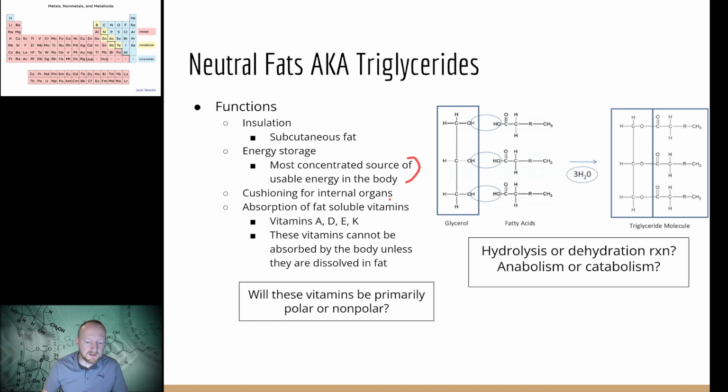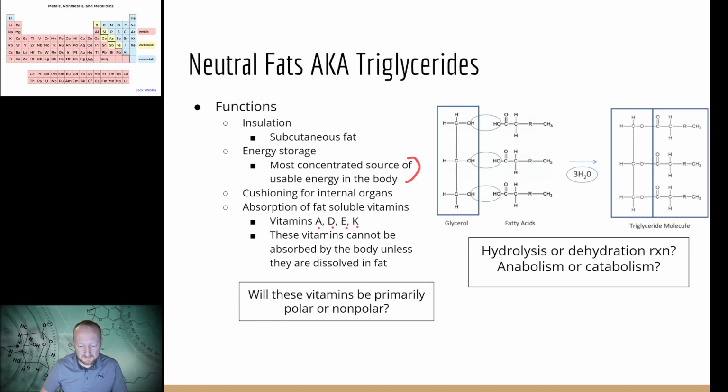Other functions are cushioning for internal organs and absorption of fat-soluble vitamins. Vitamins A, D, E, and K, among others, can only be absorbed while they are dissolved in fat. That also makes these kind of dangerous vitamins because they're easier to overdose on. So will vitamins A, D, E, and K be primarily polar or non-polar?